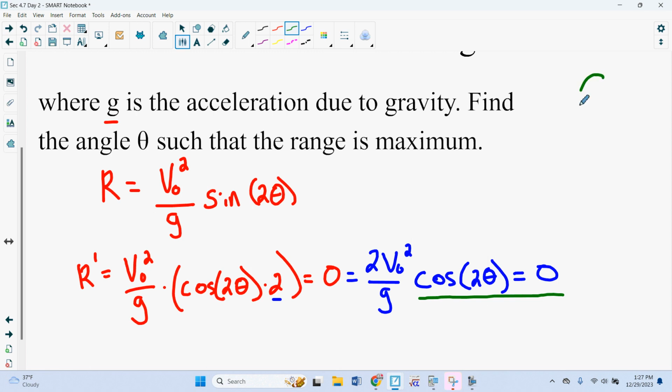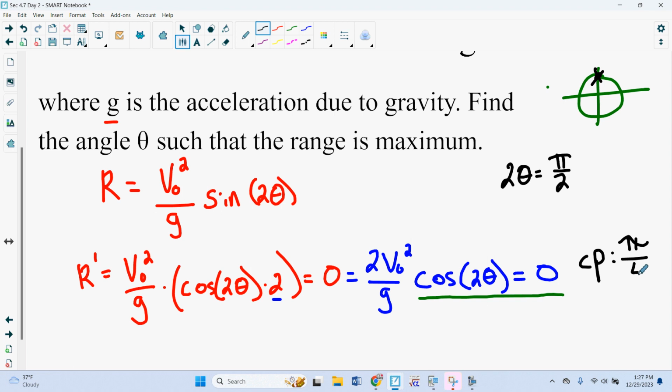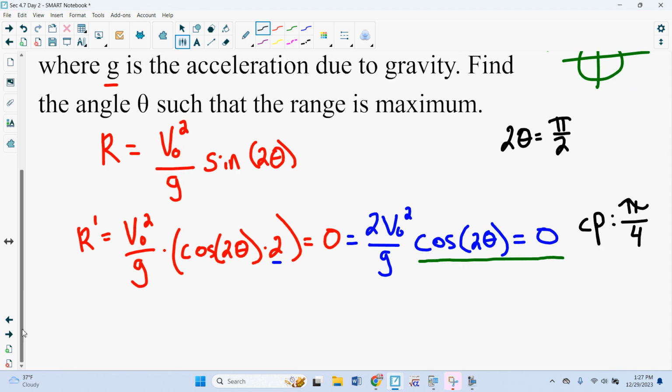And if you think about our unit circle a second, this is the easiest way to think about this because cosine is the x, and x is 0 at 90 degrees, or pi over 2. But this is actually 2 times theta, so my critical point, I divide by 2, is pi over 4. So from this, it is looking like our maximum range is at an angle pi over 4, 45 degrees.